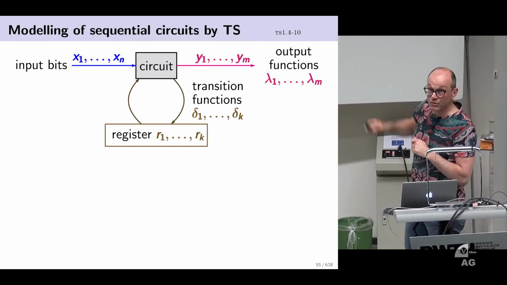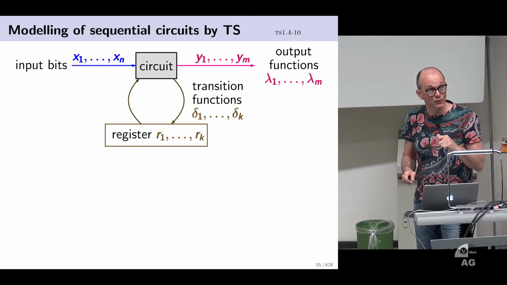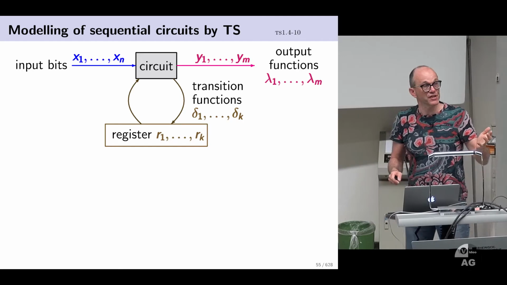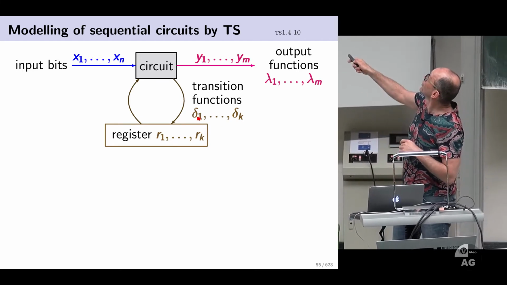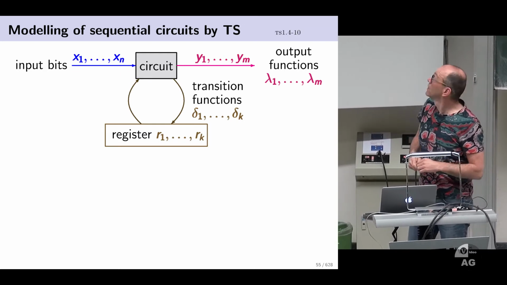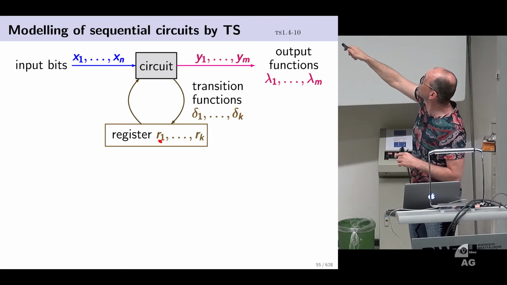Suppose that I change the input. Then there are 2 things that I need to tell you about this hardware circuit. First, what kind of effect does this have on the registers? This is given by the function delta. So for every register, I have to tell you if an input changes, what happens to this register.